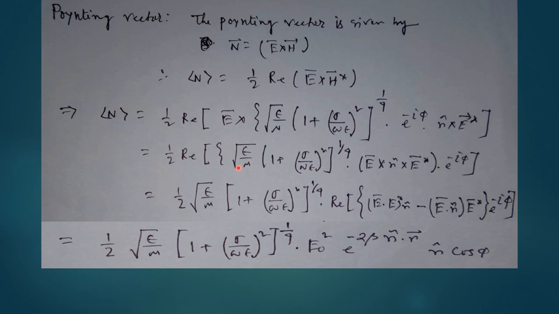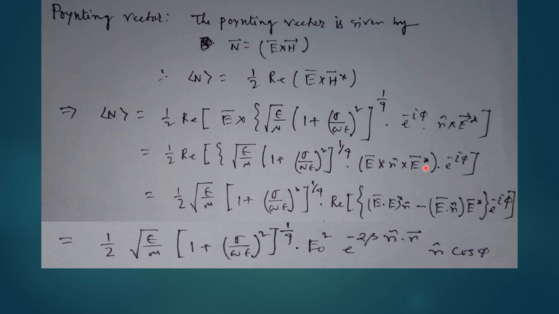Then this can be written in this form. Here we will write E cross (n hat cross E vector star) into e to the power minus i phi.